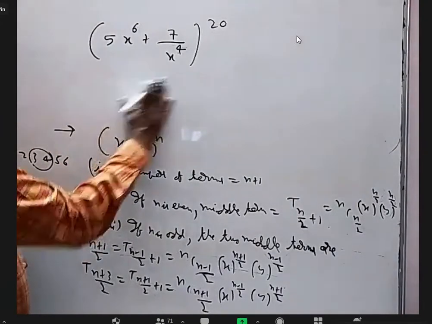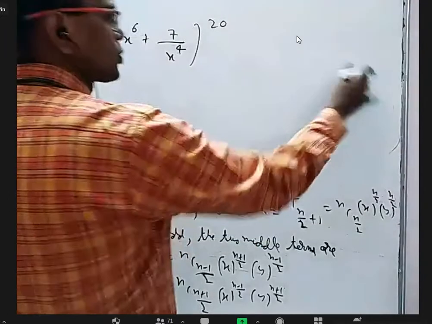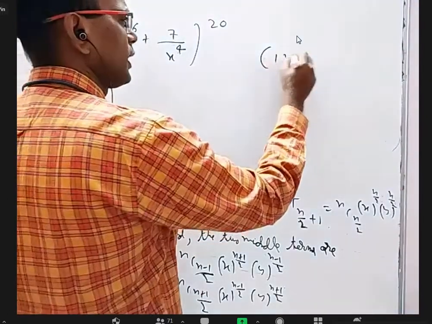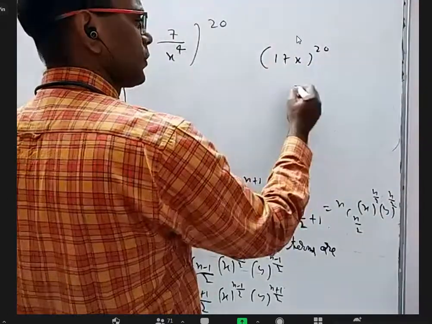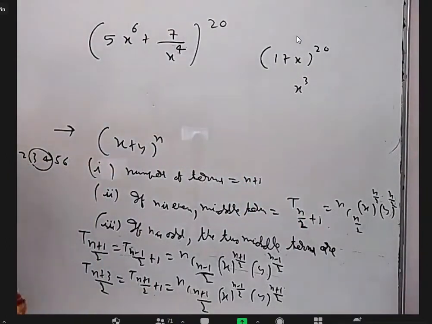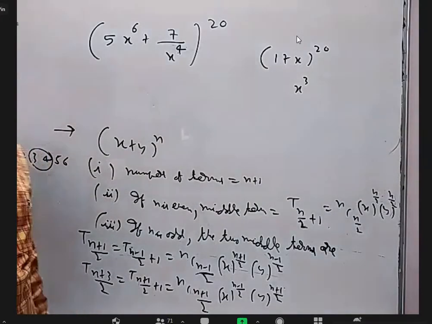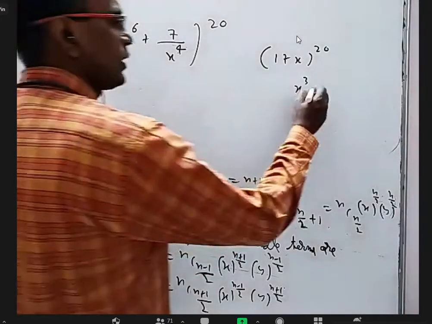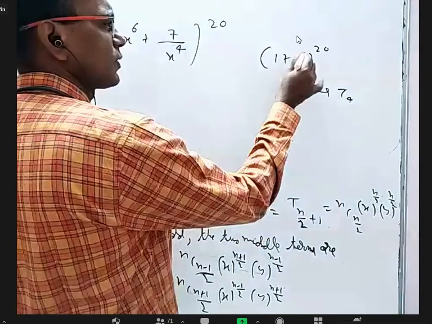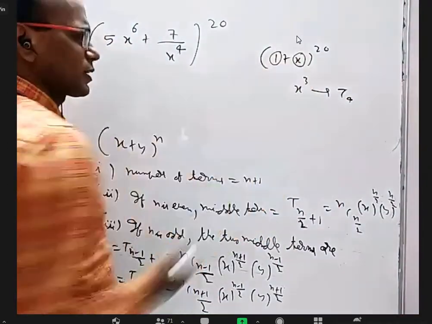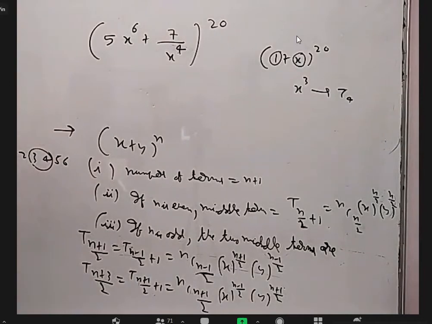We'll discuss that. But let me ask some simple questions. If you take (1 + x)^20, in this what is the x^3 coefficient? Directly 20C3. 20C17 and 20C3 are equal, but it will happen in the fourth term because the power of this is r and the power of this is n − r.